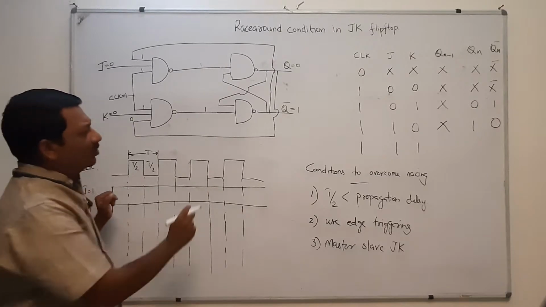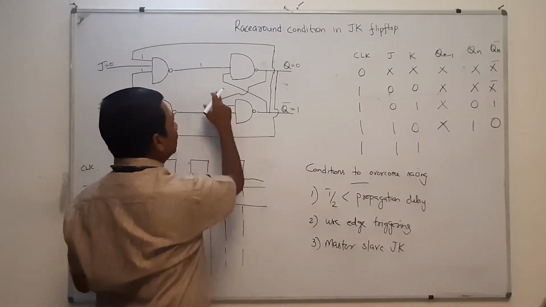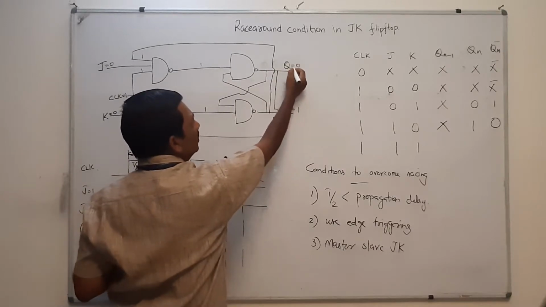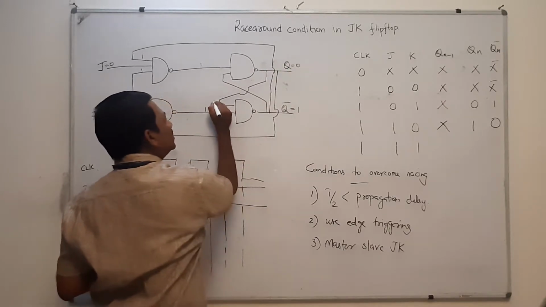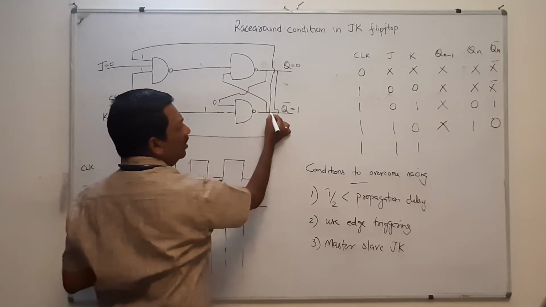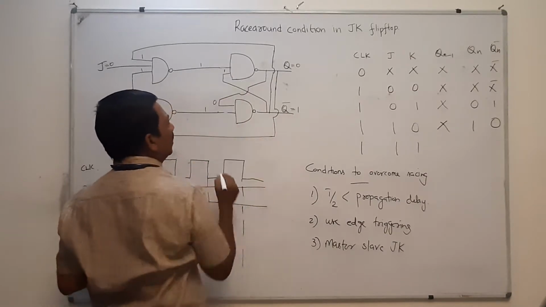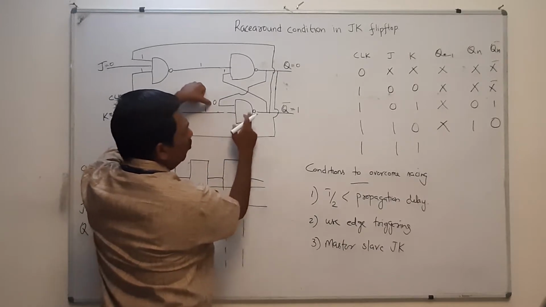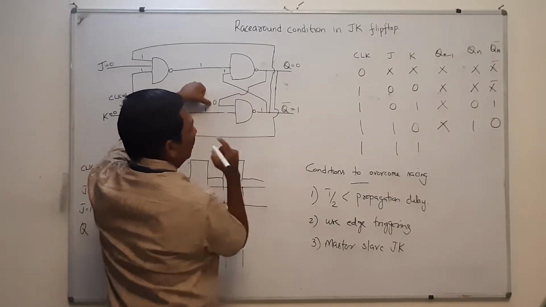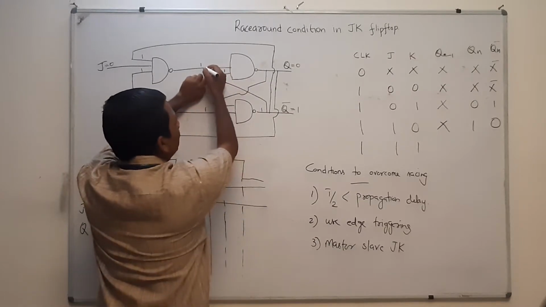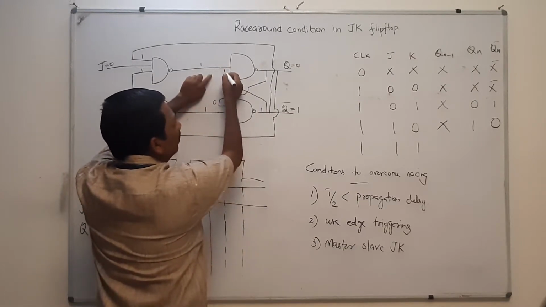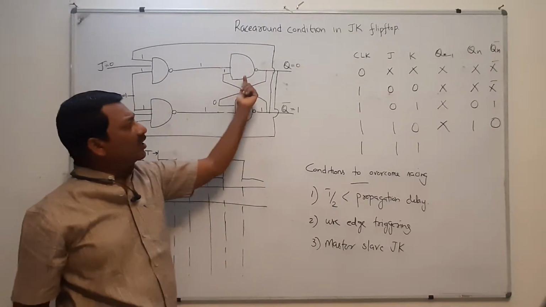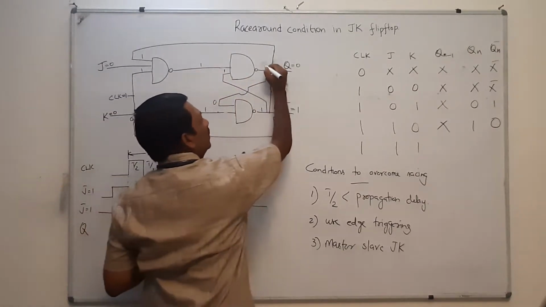Now this is 1, this is 1, and this is already 0, while Q bar is 1. 1 into 0 is 0, and complementing gives 1. And 1 into 1 is 1, and its complement is 0.